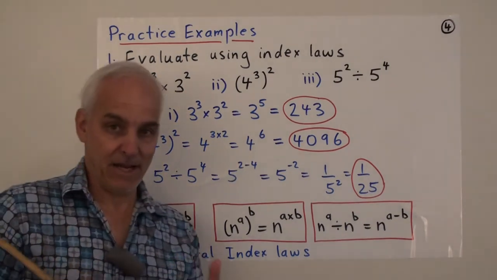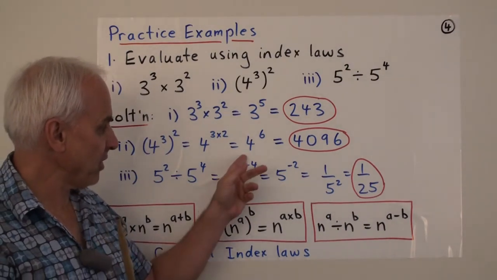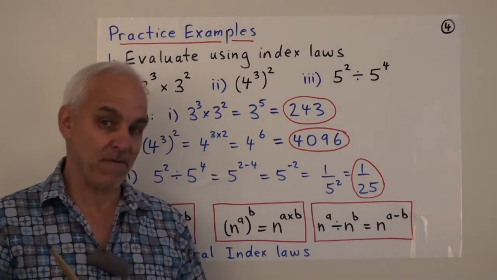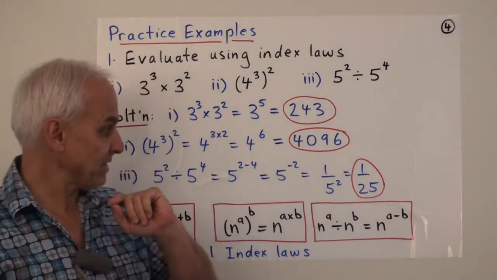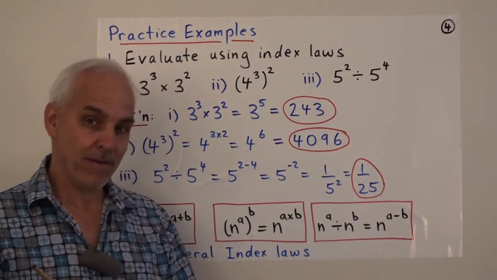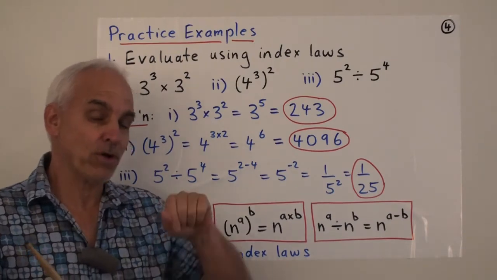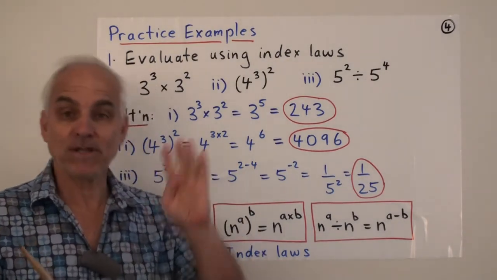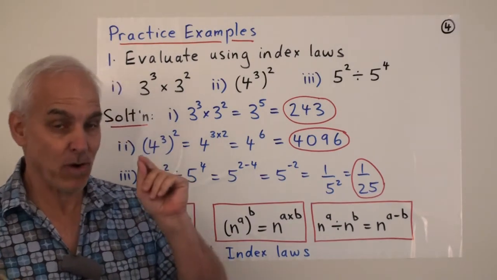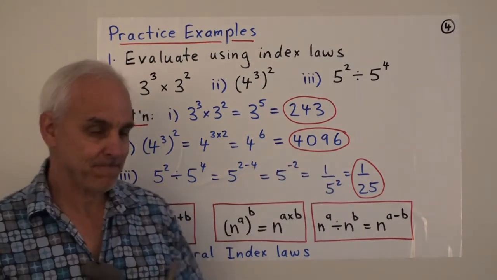We could use our calculator, but if we didn't want to, we could think back to our example in the previous slide where I told you that 4 to the 5th was the same as 2 to the 10, which was 1024. So if 4 to the 5th is 1024, then 4 to the 6th is going to be 4 times that. 4 times 1024 is 4096.